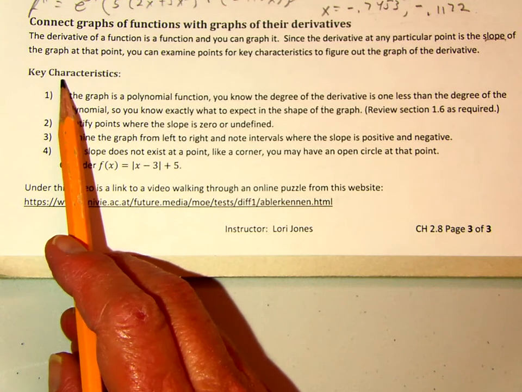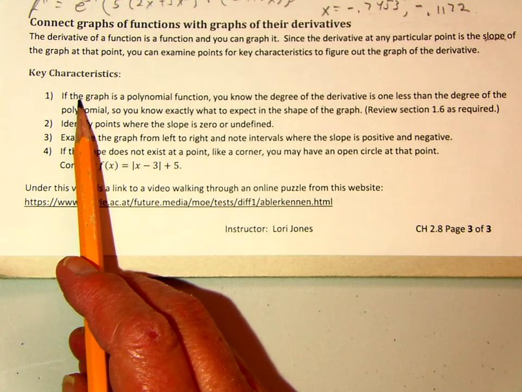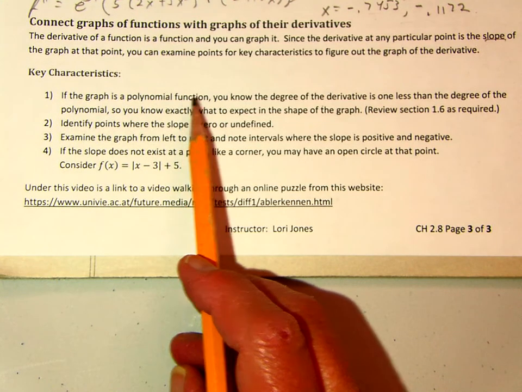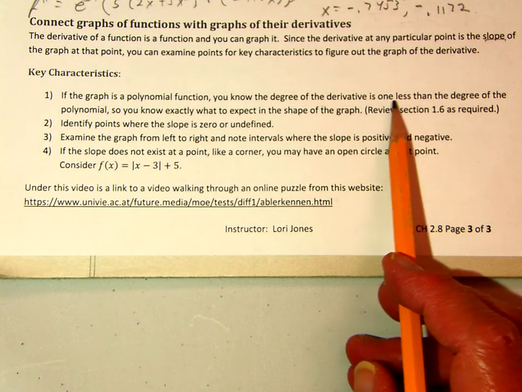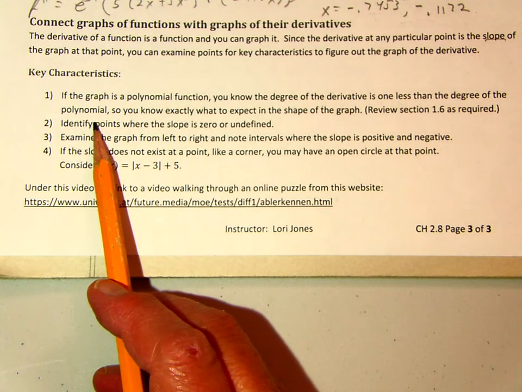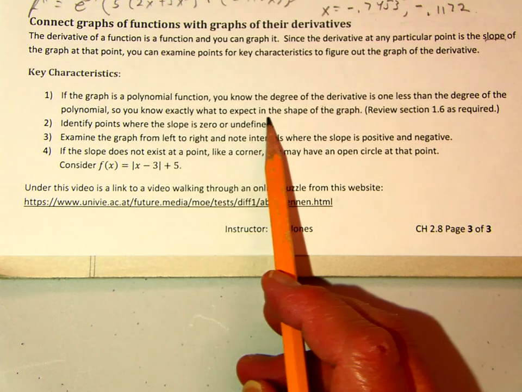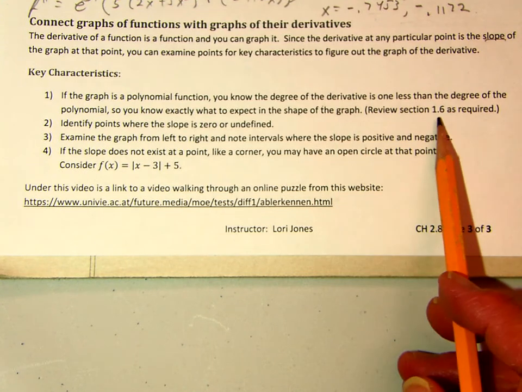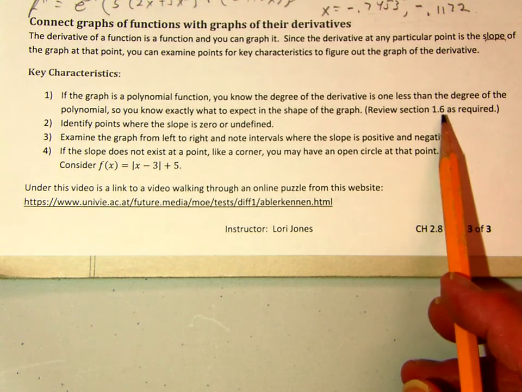Some of the key characteristics you're going to look at are, 1, if the graph is a polynomial function, you know the degree of the derivative is 1 less than the degree of the polynomial. So you know exactly what to expect of the shape of the graph. You might want to review section 1.6.